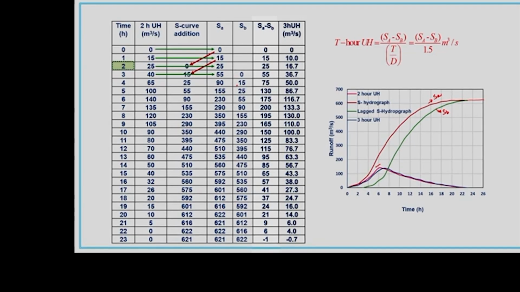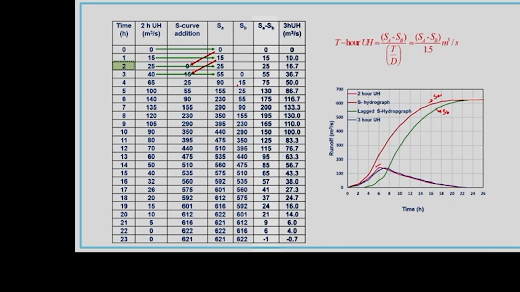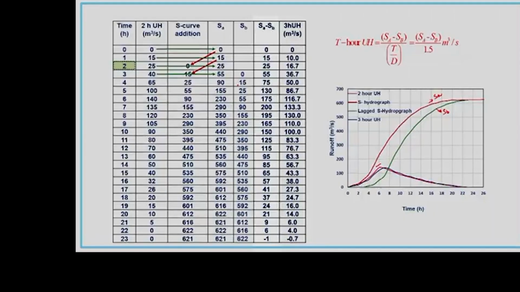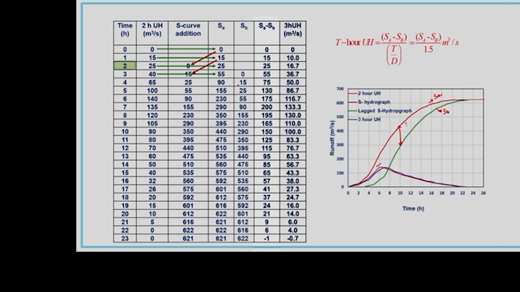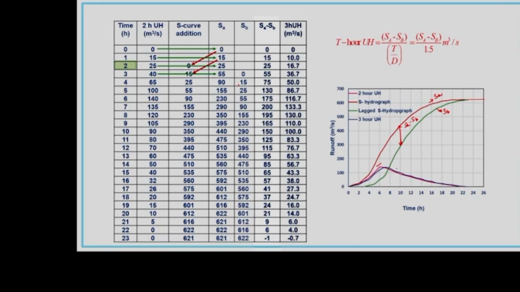Those ordinates we haven't found out; we stopped there because we were not interested in getting the S hydrograph ordinates. Our intention was to get the ordinates corresponding to the 3-hour unit hydrograph, so we found SA minus SB, and that divided by T by D gave us the 3-hour unit hydrograph, represented by this blue curve.